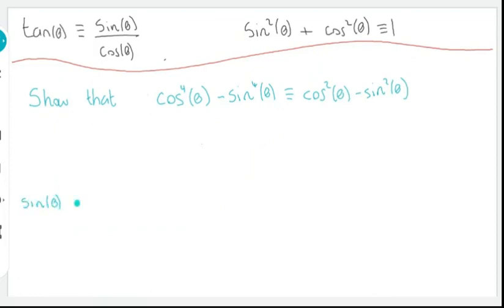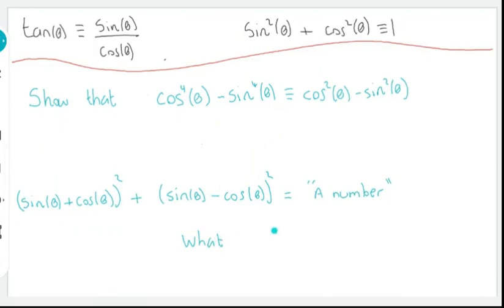Sine theta plus cos theta all squared plus sine theta minus cos theta all squared is equal to a number. What number?